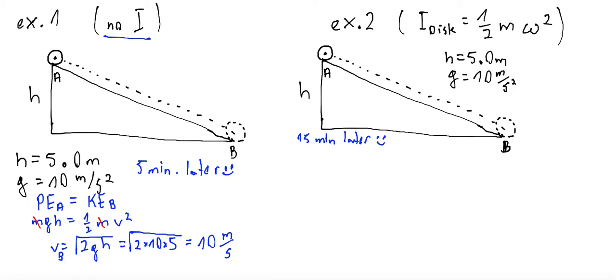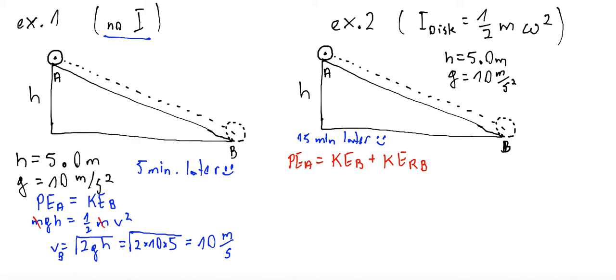Okay, here, what do we have here? Again, energy transformations. Potential energy at point A must be equal to kinetic energy at point B plus rotational kinetic energy at point B. We know that at point A, the object starts to move.